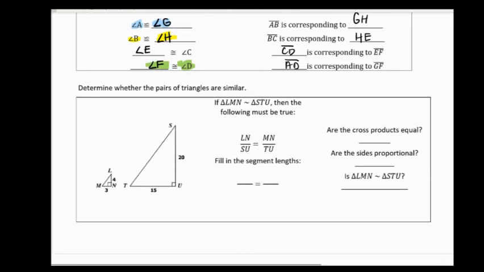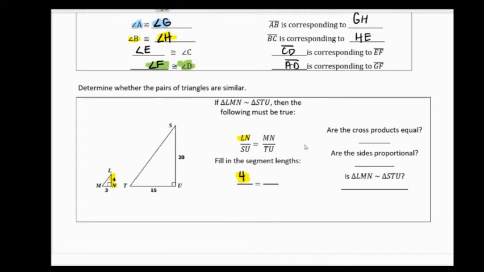Now we're going to determine whether these two triangles are similar. If they are going to be similar, then the sides must be able to be written in a proportion like we've been practicing. So we're going to try to write these two triangle sides in proportions. The side LN is the first side that's given to us. LN is worth 4.